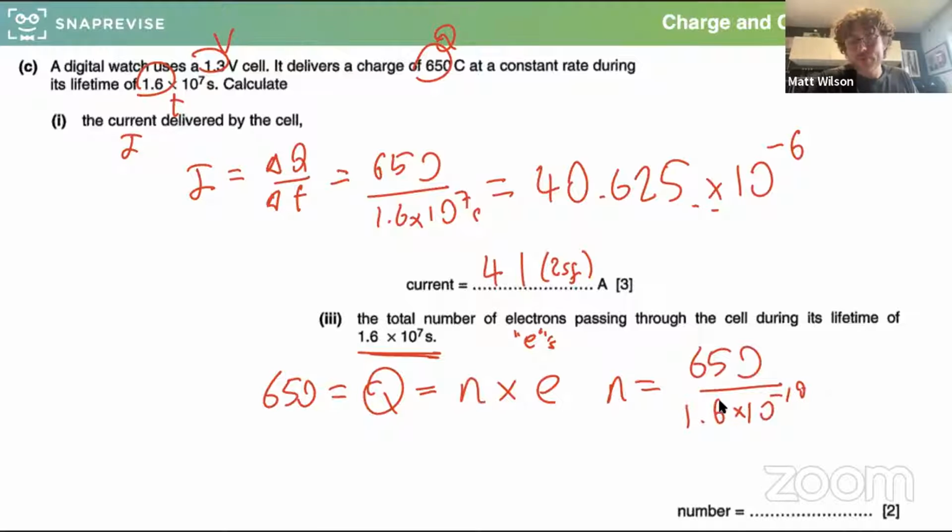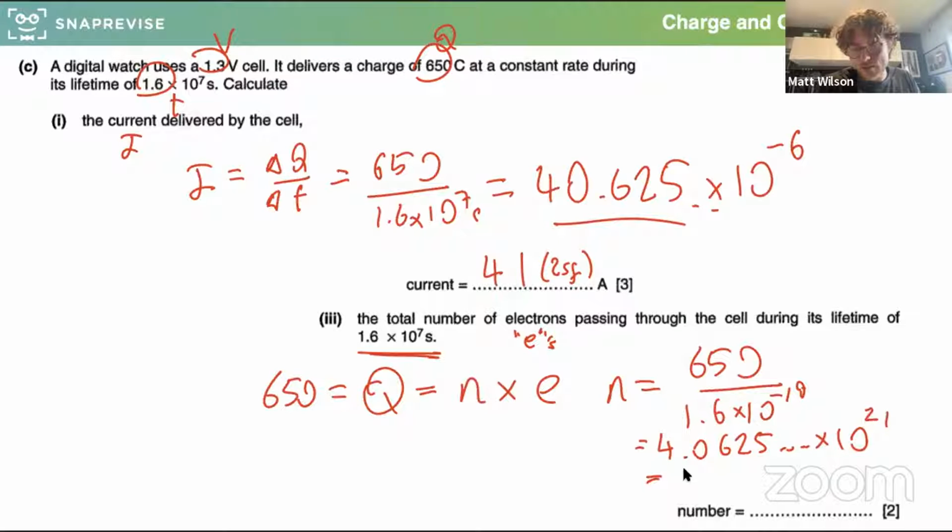If you do that, then you will get around 4.0625 times 10 to the 21. It's no surprise because we're dividing by 1.6 again, like we did here, so these numbers should look similar. Okay, good.